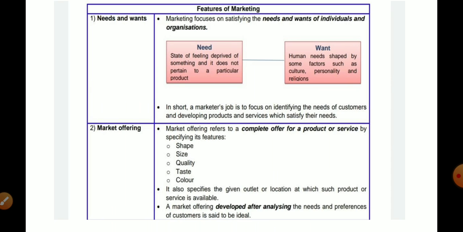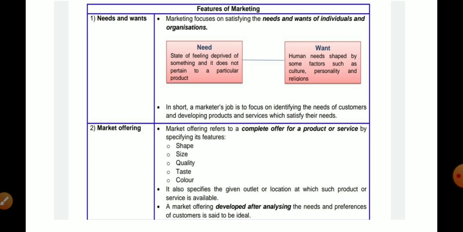Human needs are shaped by some factors such as culture, personality and religion. In short, the marketer's job is to focus on identifying the needs of customers and developing the products and services which satisfy their need.